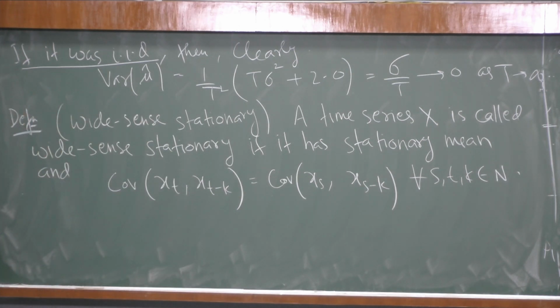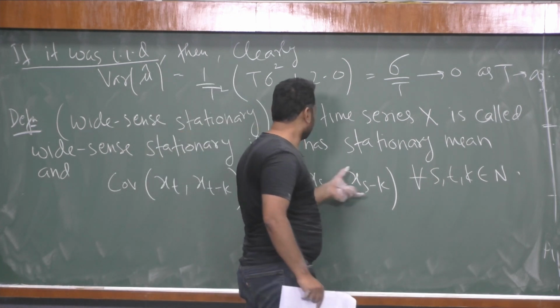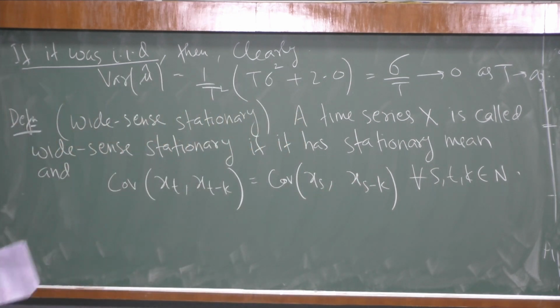We are saying that the covariance of x_t, x_{t-k} matches the covariance of x_s, x_{s-k}. Okay. So if these properties are satisfied, we say that it's wide sense stationary.